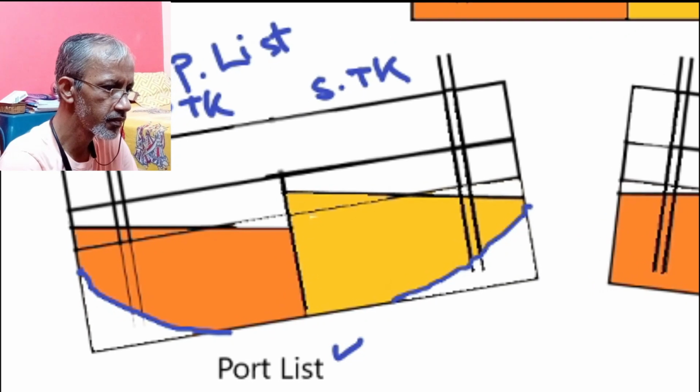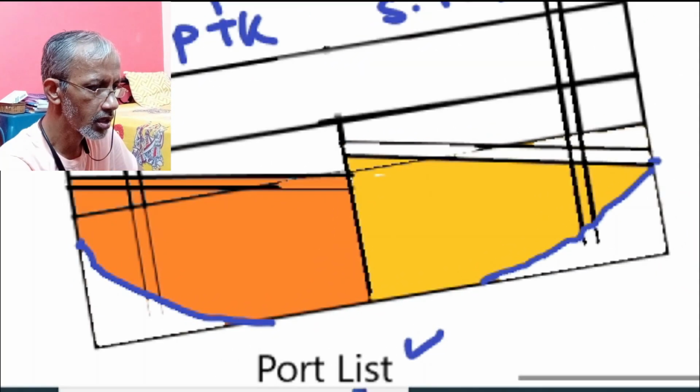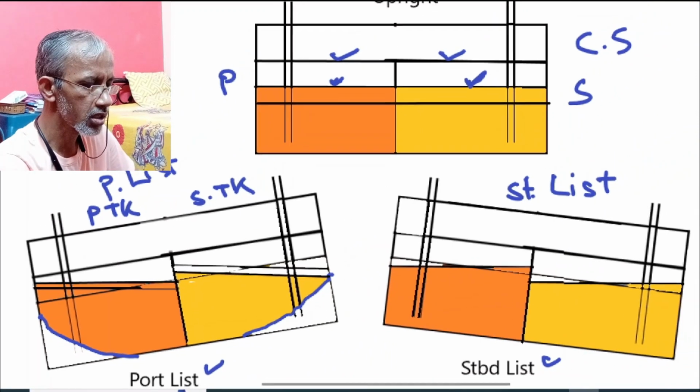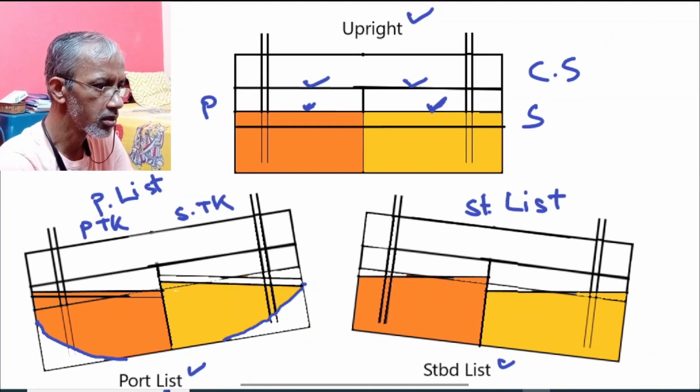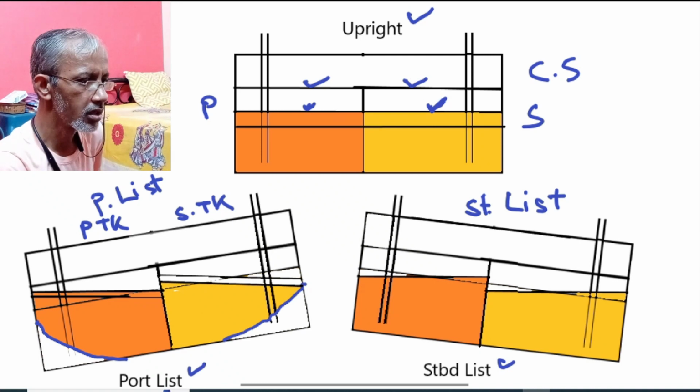Let's say it would have reached somewhere here. So it can be seen that as the cross section of the tank changed from rectangle to the new shape, more liquid got shifted in the direction of the listing of the ship.